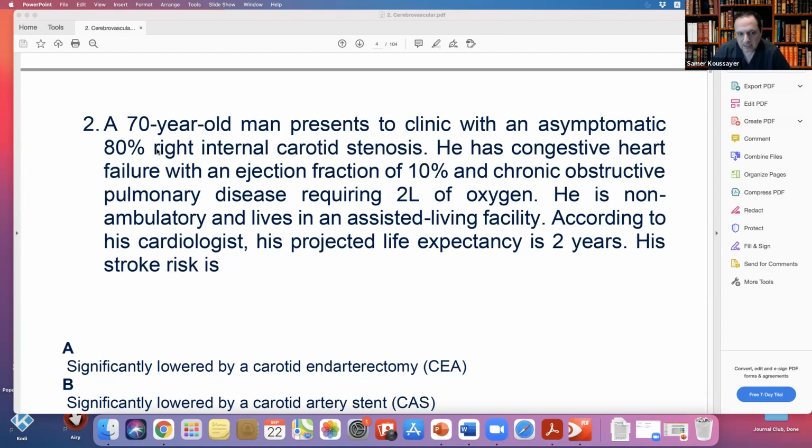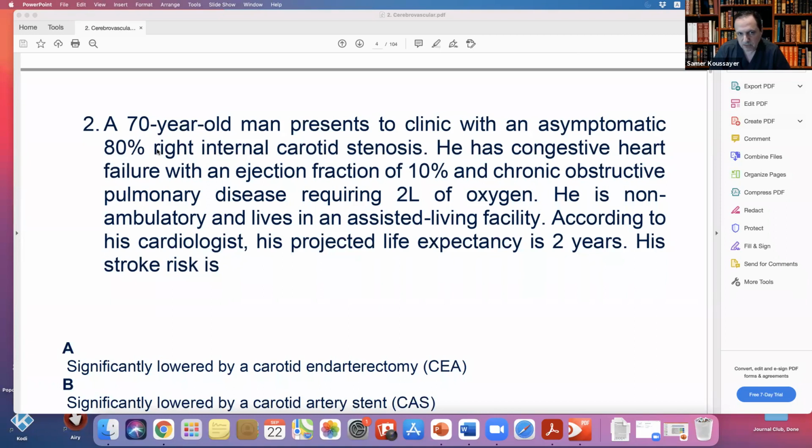Second thing, if you remember, the ACAS study was all done on patients younger than 70. For people more than 70, they noticed that if they are asymptomatic, they will not benefit from surgery or stent, because at more than 70, life expectancy is not very high. So all the recommendations were for 70 and younger patients.